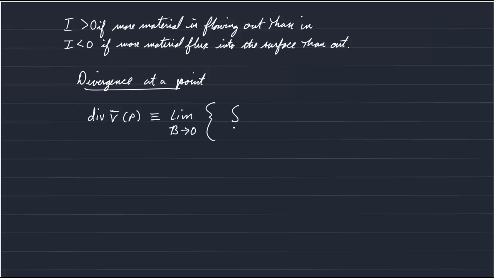That is the integral over the surface of B of the net outward flow of our flow field divided by the volume of B.